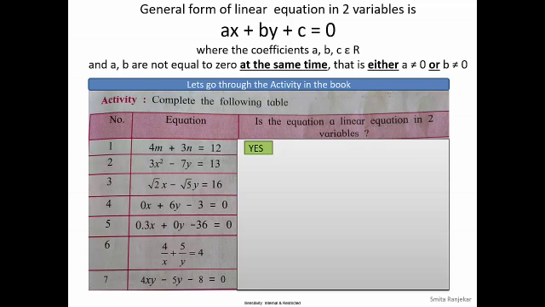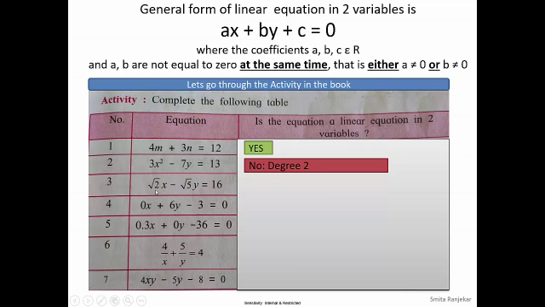Next equation, 3x square minus 7y is equal to 13. What is the degree of x? Yes, it is 2. Degree of y is 1. So it is not satisfying the condition. So it is not a linear equation in two variables. See the third equation.